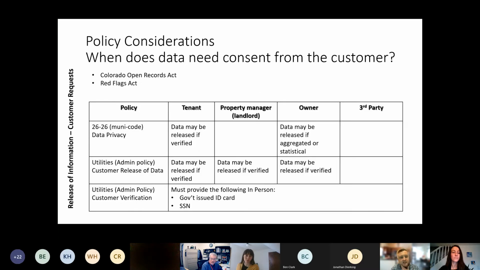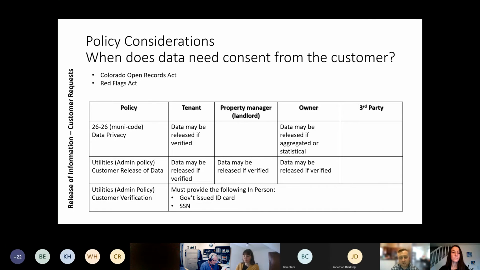So some of the policy considerations, and this can be a dark, twisty path and a slippery slope for sure. And if I'm missing any policies here at a state level, I'd really encourage folks to reach out to me and let us know if there are other considerations that we need to be looking at. But the Colorado Open Records Act and the Red Flags Act are some of our guiding principles outside of our organization.